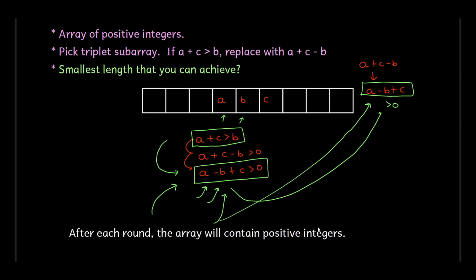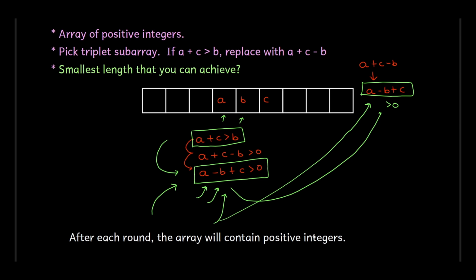And why is this true? Because by definition, you only pick the triplets such that their incoming element is strictly greater than 0. And if it is, then you remove that triplet and you replace it with the incoming element, which of course would be greater than 0. So this is one observation that we have made so far.